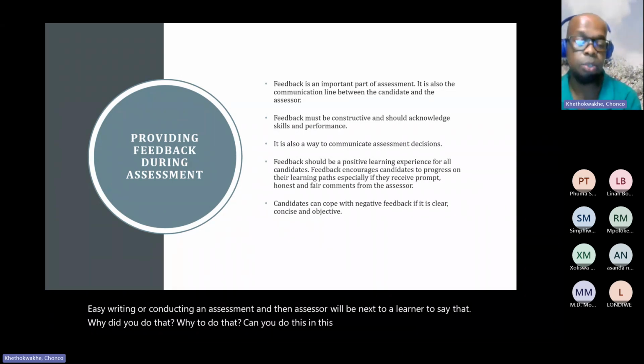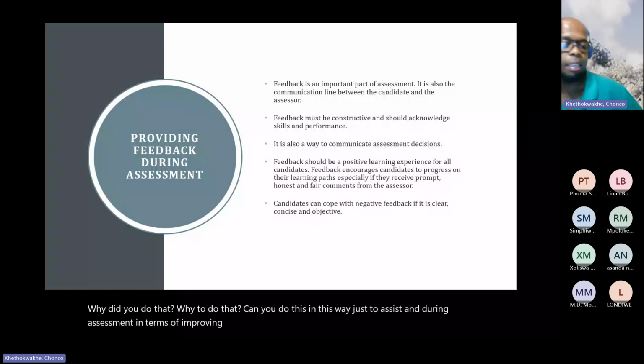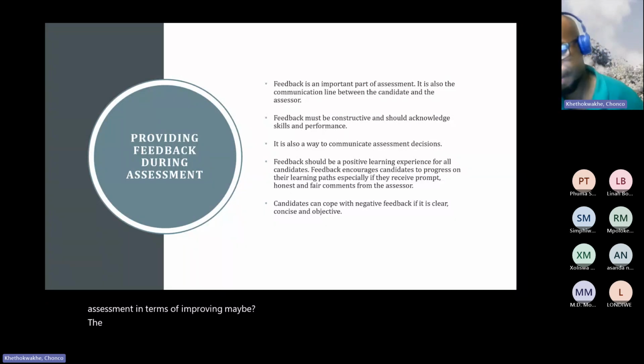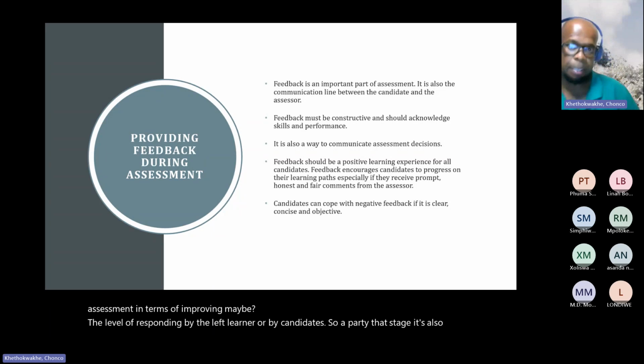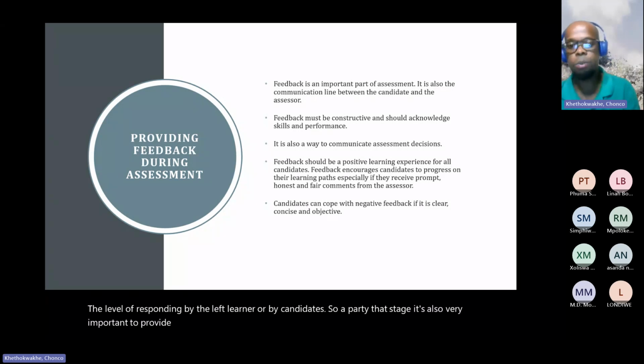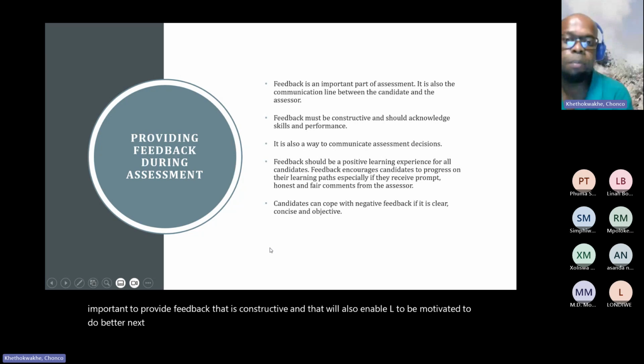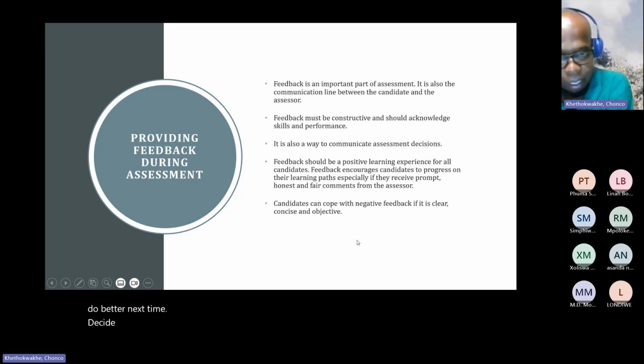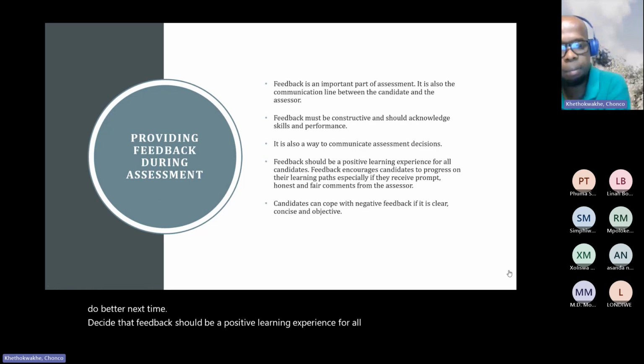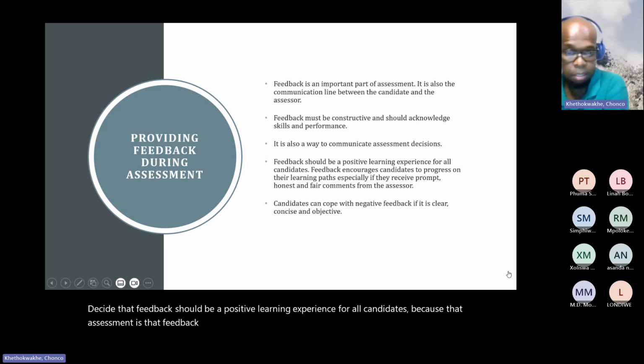Just to assist during assessment in terms of improving the level of responding by the learner or candidate. But at that stage, it's also very important to provide feedback that is constructive, that will also enable a learner to be motivated to do better next time. They emphasize that feedback should be a positive learning experience for all candidates, because that feedback is taking place during assessment.